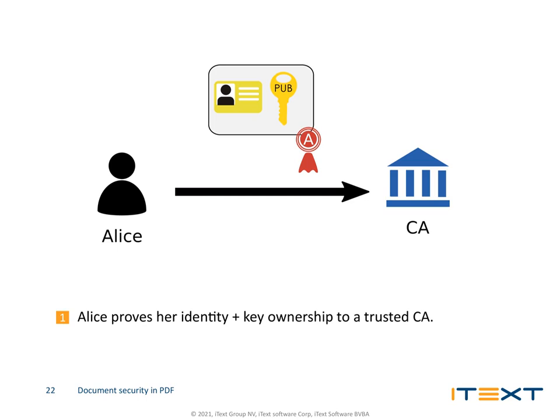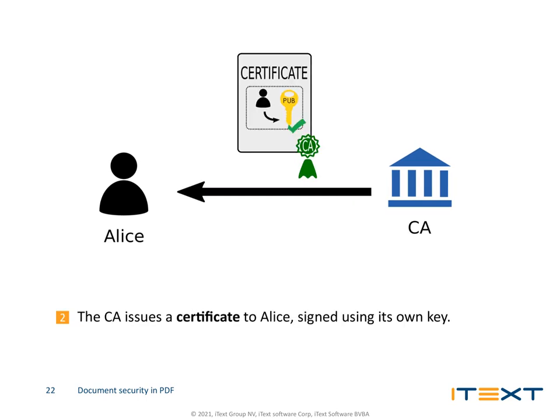Of course, Alice would have to prove her identity to the CA using some pre-established means, for example, a face-to-face interview or sending a copy of her passport or whatever. And then she should sign this information using her private key to prove that she is also the owner of the private key involved.